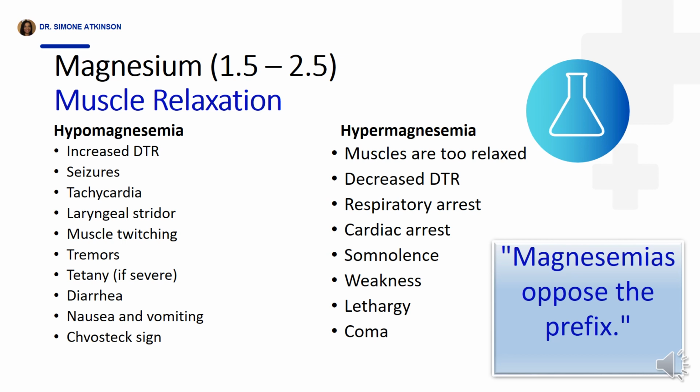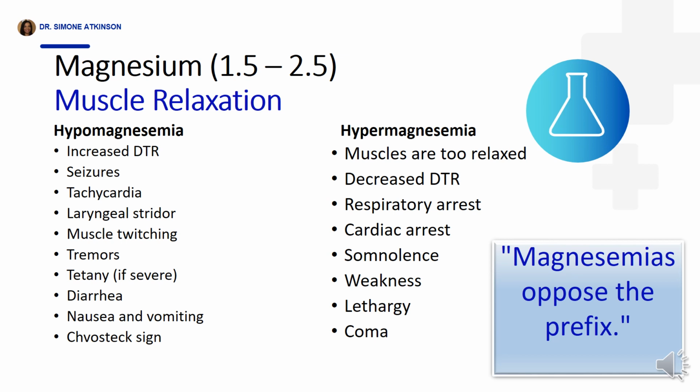So then if we shift the focus to hypermagnesemia, the theme remains muscle relaxation. So the theme says magnesiemias oppose the prefix, so hypermagnesemia will calm or slow things down. So all muscles exhibit relaxation, leading to decreased deep tendon reflexes.